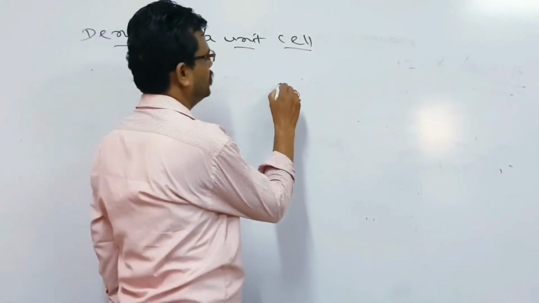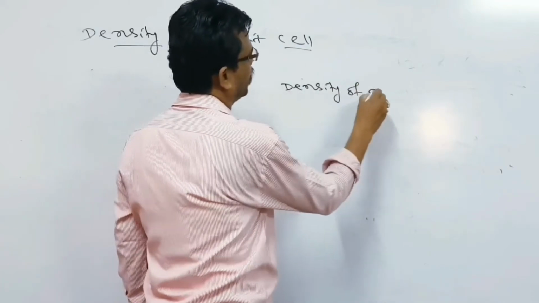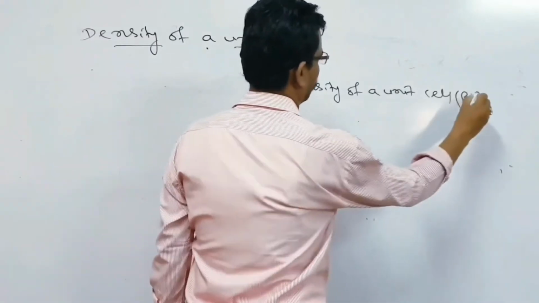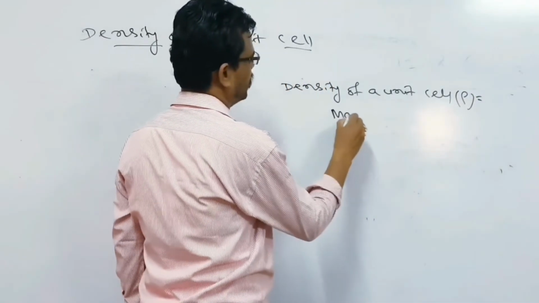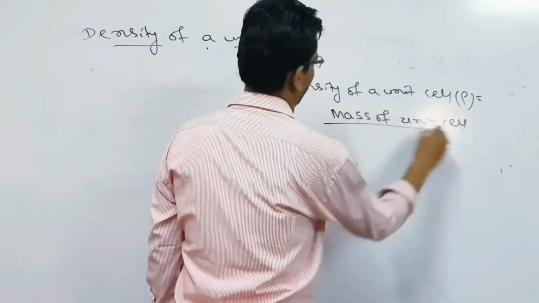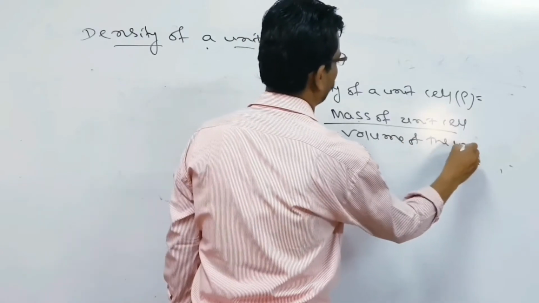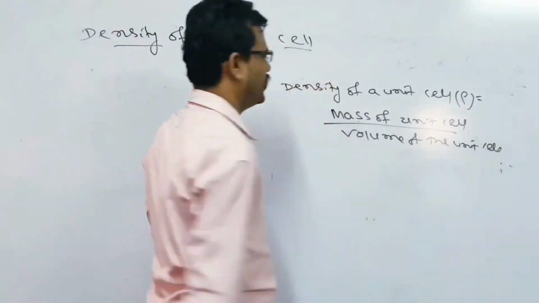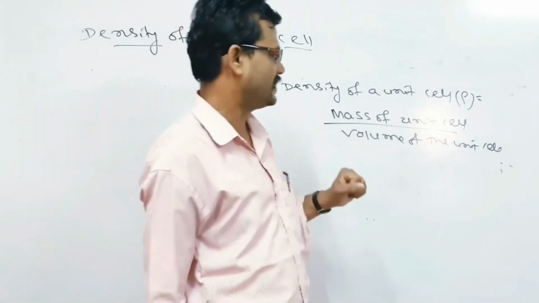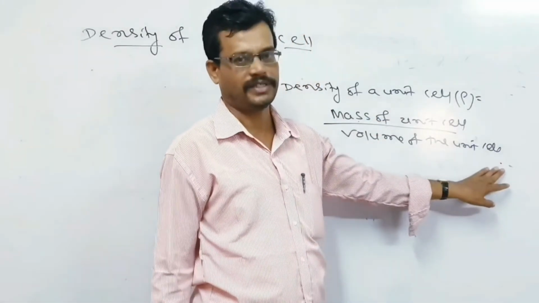If we represent the density of a unit cell as rho, then we can say it is the mass of the unit cell divided by the volume of the unit cell. Whenever we have to find the density, we have to know the mass of the unit cell and the volume of the unit cell.